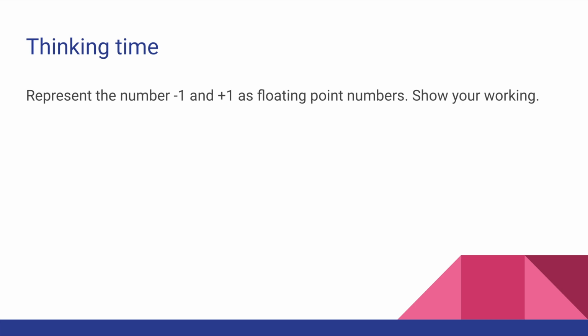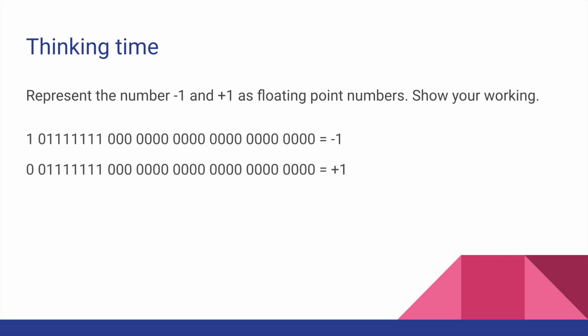So work out what is 1 in binary, 1. Work out the exponent, 0. So therefore it's actually 127 plus 0 is 127. And the mantissa. Do that for -1 as well. Pause the video, do some calculations, see if you get it right. And if you've tried, let's see how you went. Hopefully you got that right.